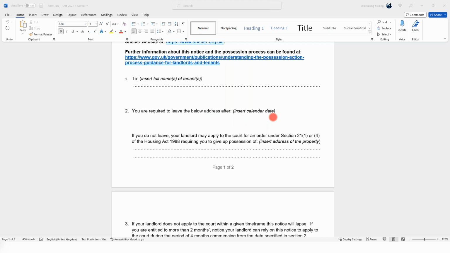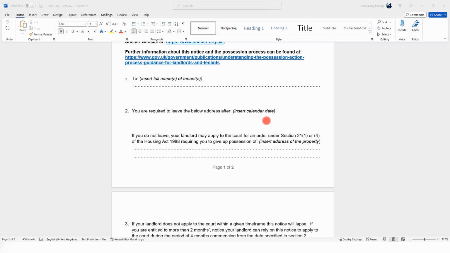So the calendar date is always a minimum of 2 months, plus 2 or 3 days for service time, to be absolutely safe. But just to reiterate, it cannot end during the fixed term. It can only end after the end of the fixed term. That is probably one of the issues that most people get wrong.